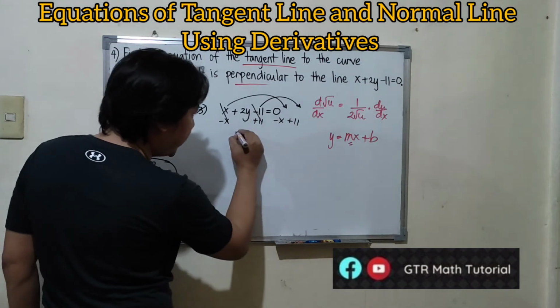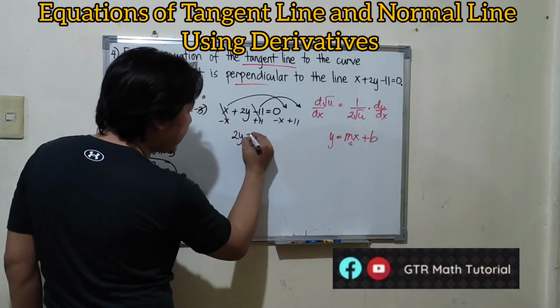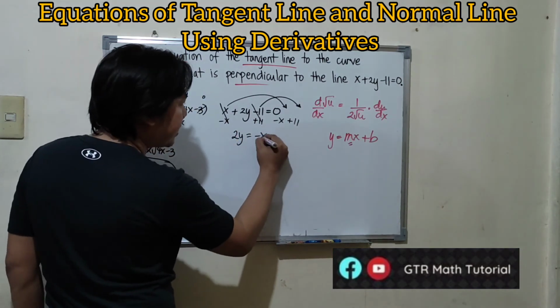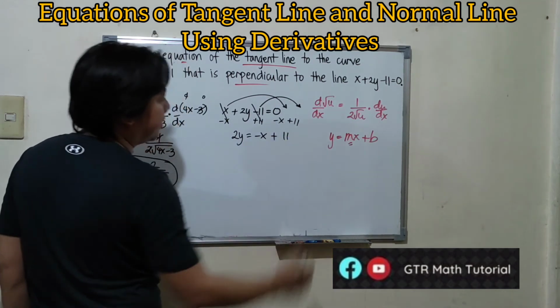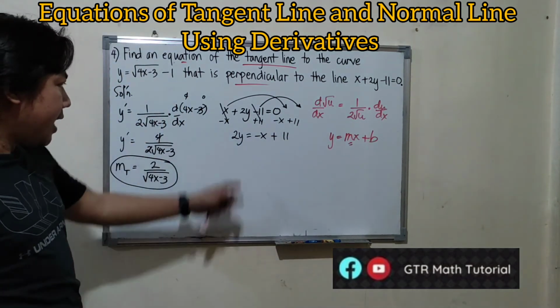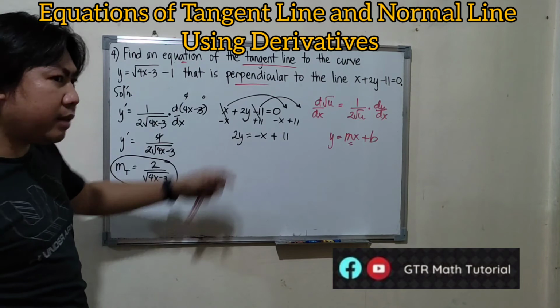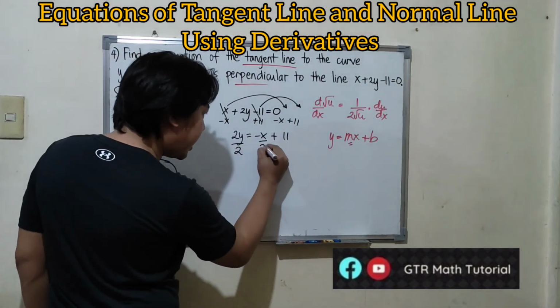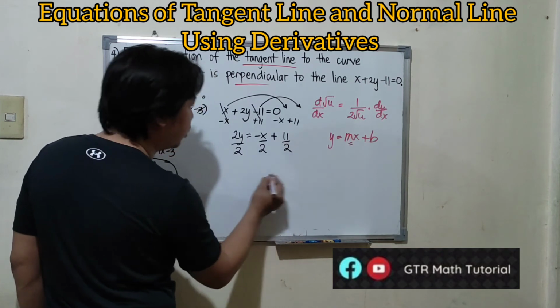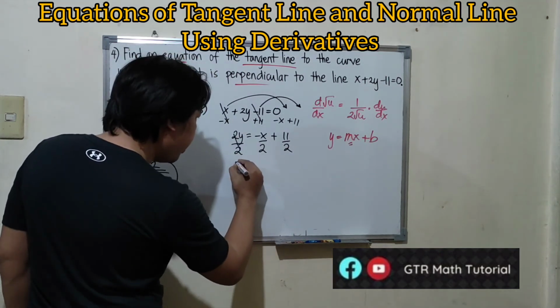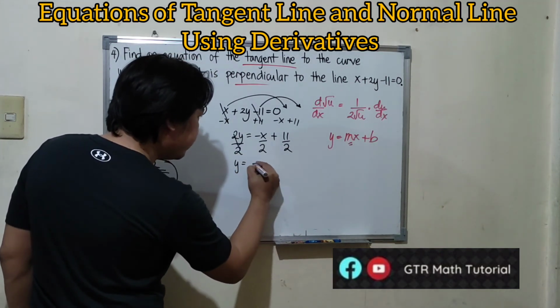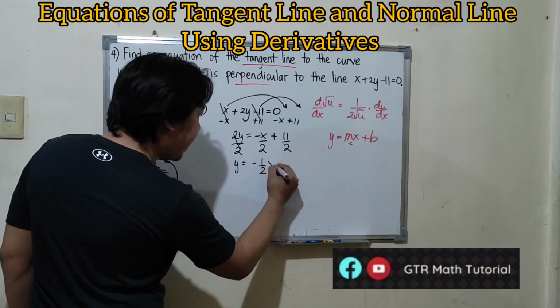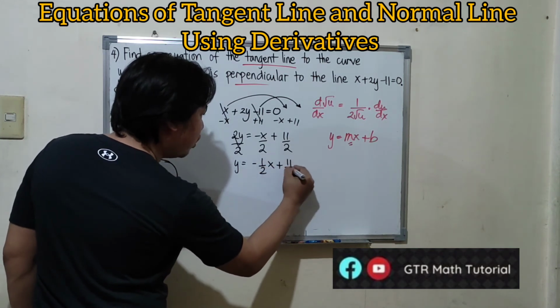Therefore, we only have 2y on the left side equals negative x plus 11. Okay? Then next, solve for y. So divide each term by 2. Therefore, y is equal to negative 1/2 x plus 11 over 2.